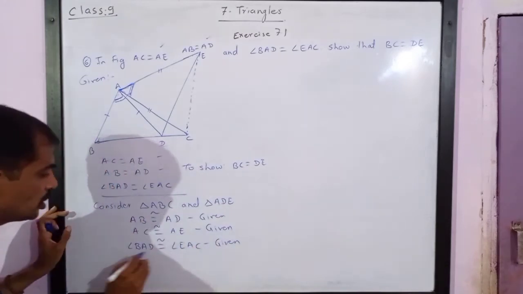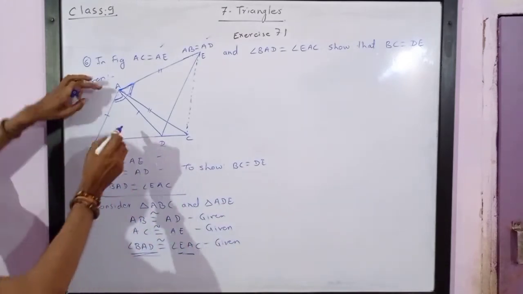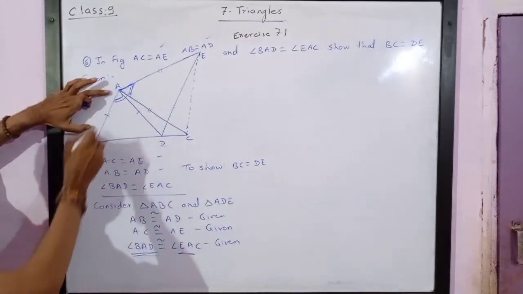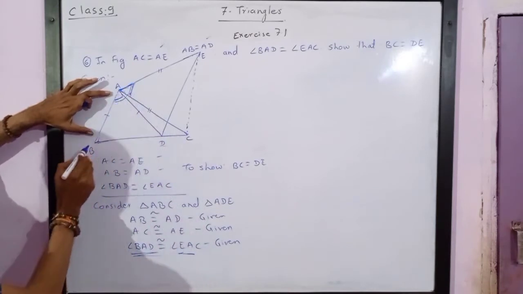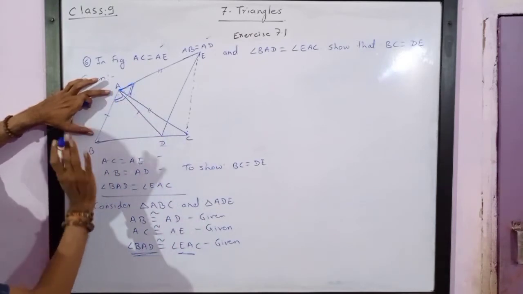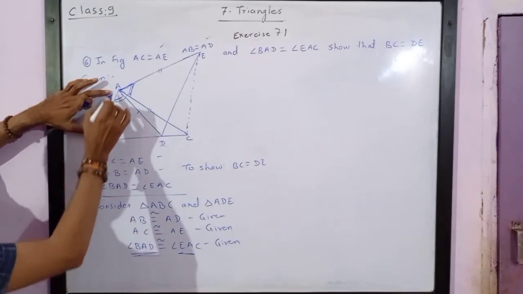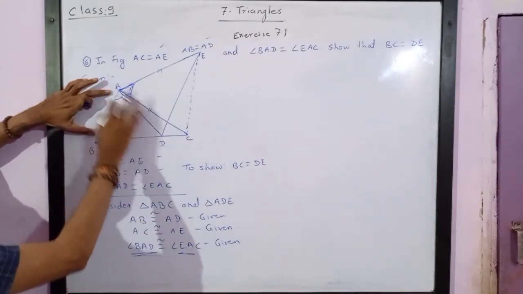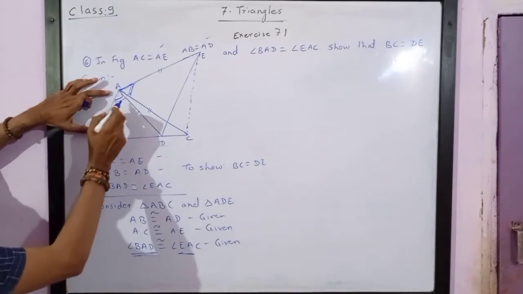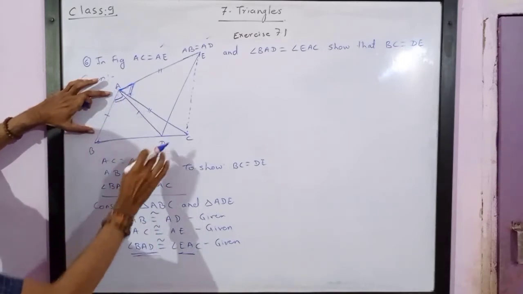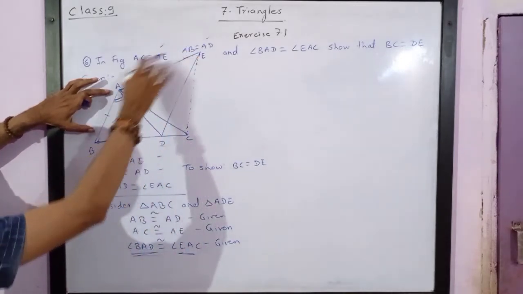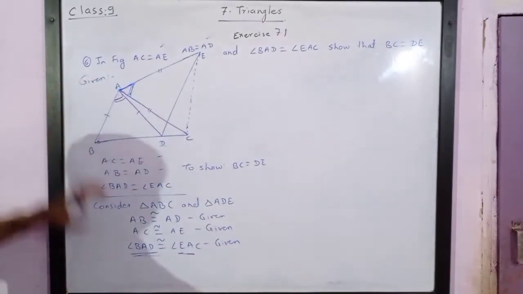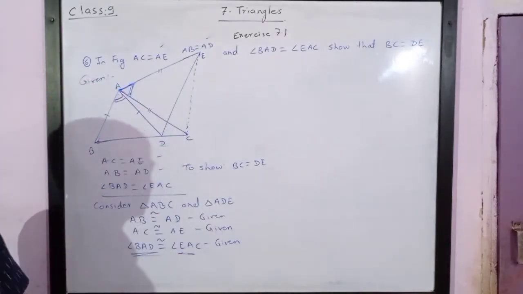But please note, this angle is not an angle of a triangle. We have considered triangle ABC and we are now considering the angle BAD. Angle BAC is the angle of that triangle, but we have got BAD equal to EAC. That is, we have not considered a complete angle of a triangle.